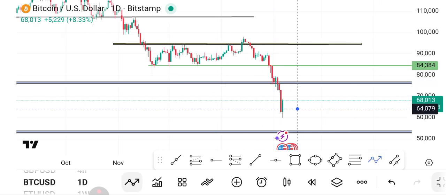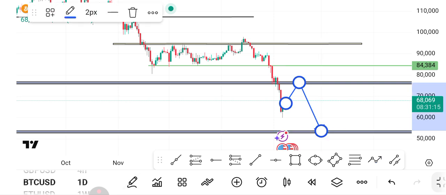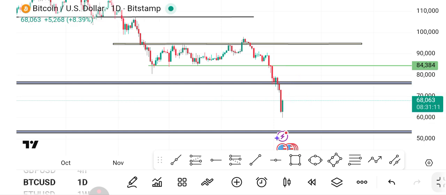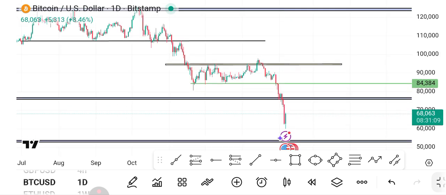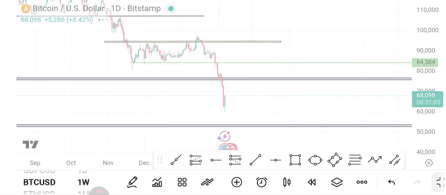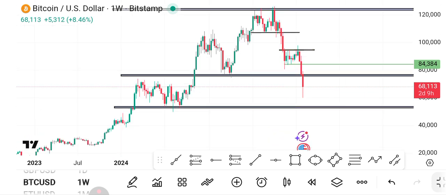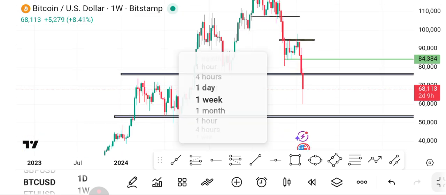Ideally, you should wait for a pullback to somewhere here, draw a counter trend line, and then drop it down here. If you get what I'm saying. So I don't have much to say for Bitcoin, but our next level target is this. I just looked left. You can see technically that's our next level target.